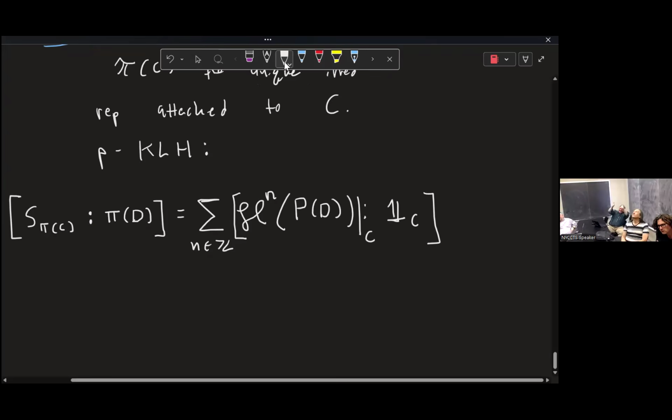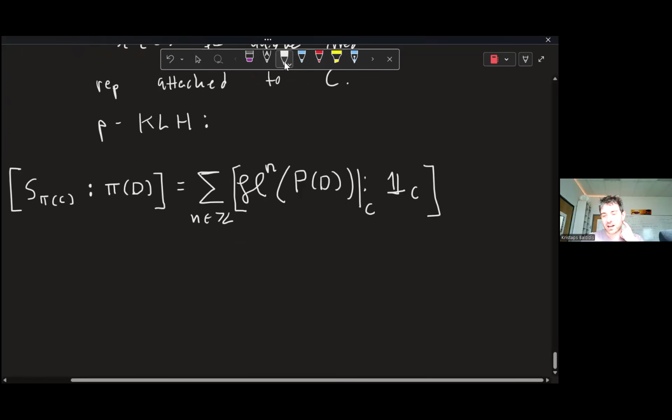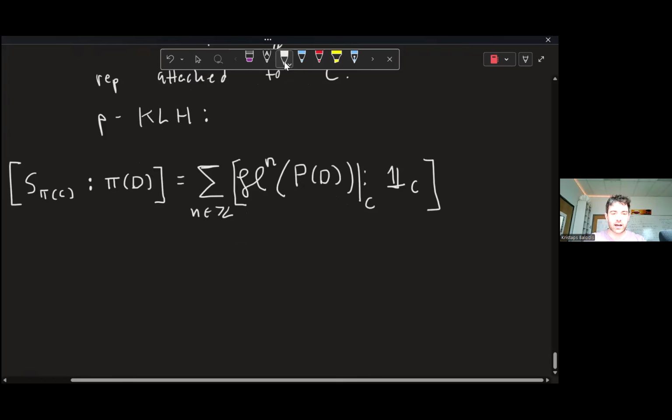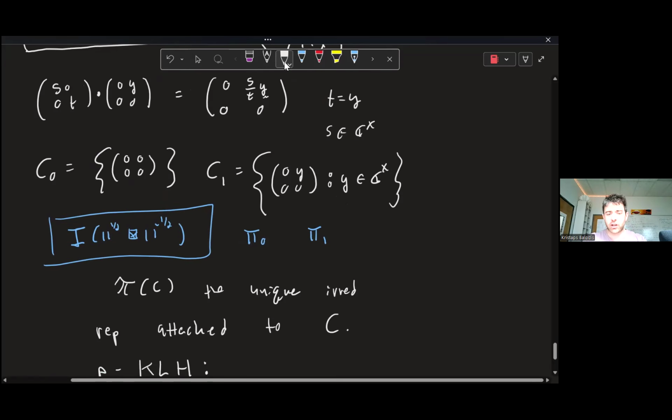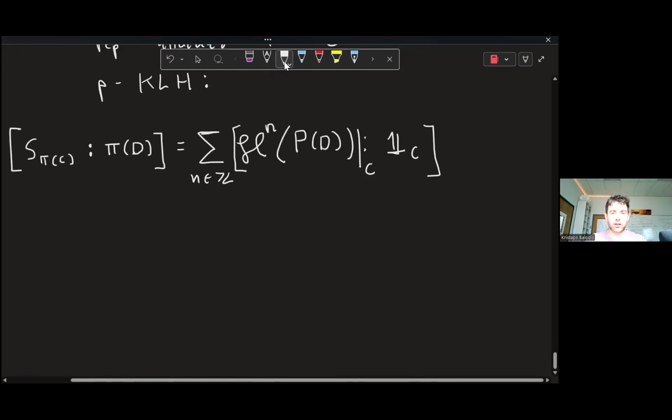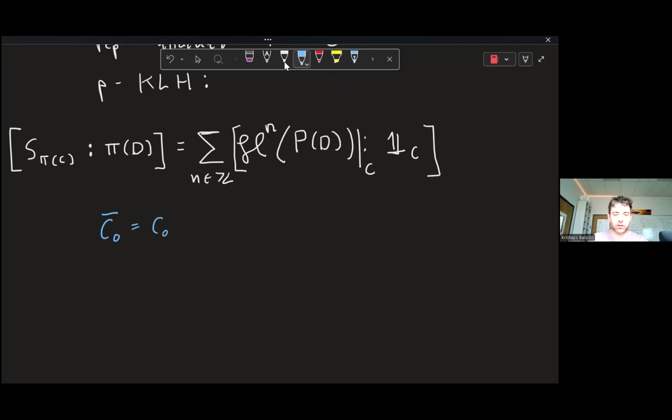But very, very roughly, at a first pass, as to what the meaning of this is: these orbits that I've defined, in general, they will be singular. In this example I've written down, this is not the case. They're both smooth. And so the closure, for example, of C0 is just itself.